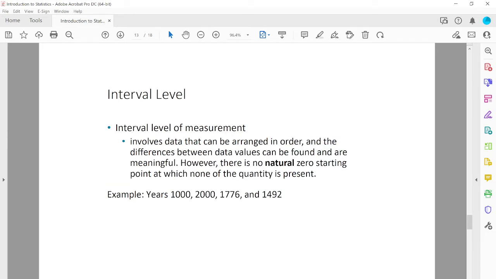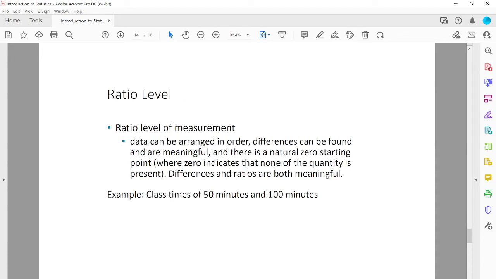And there is an interval level of measurement. Sometimes data can be given in intervals, like years such as 2000s or 1776 and 1492. However, there is no natural zero starting point. It could be anywhere, but it's in the interval. Finally, ratio level.